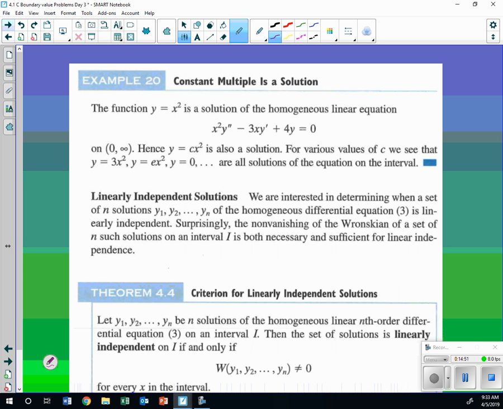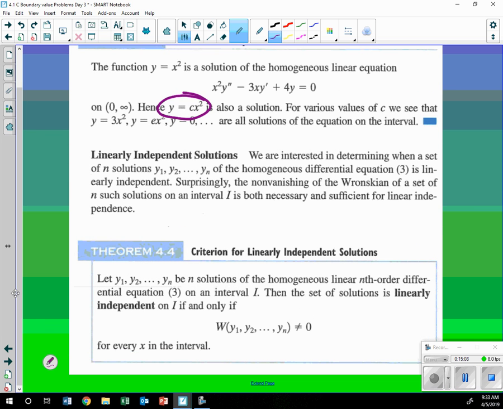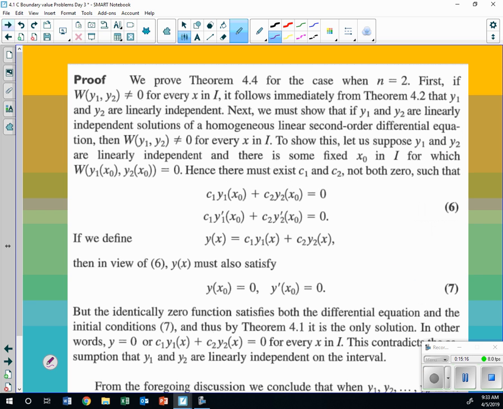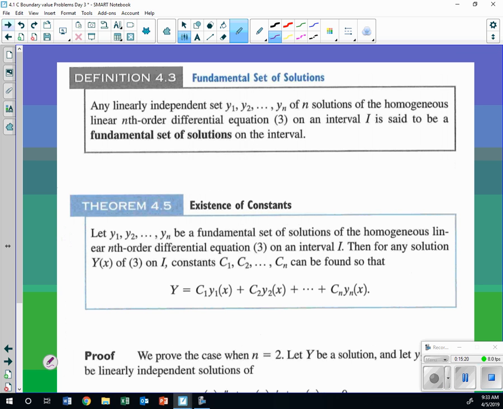All right, constant multiples. So that's where the c1 comes in. So when you say y is equal to x squared, you can also say y is equal to cx squared. And so that you can prove with all those examples, but it's just the same thing. We want to show that they're independent, and then we do that Wronskian that we did before. There's a proof here for that. I'm not going to go through it. You can read it if you'd like.